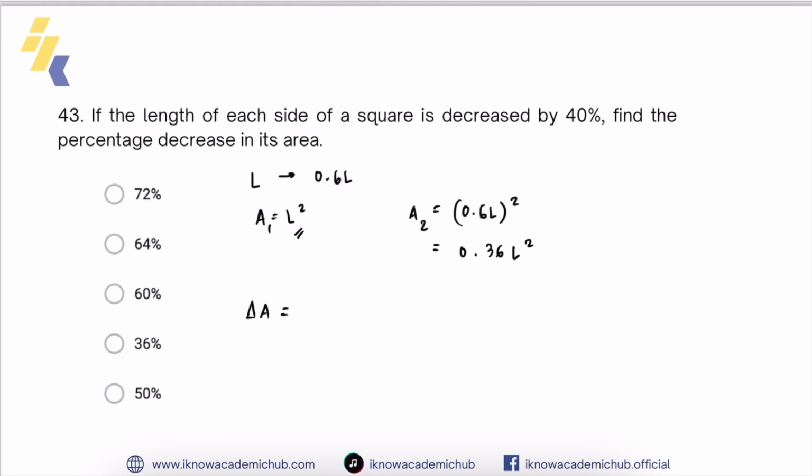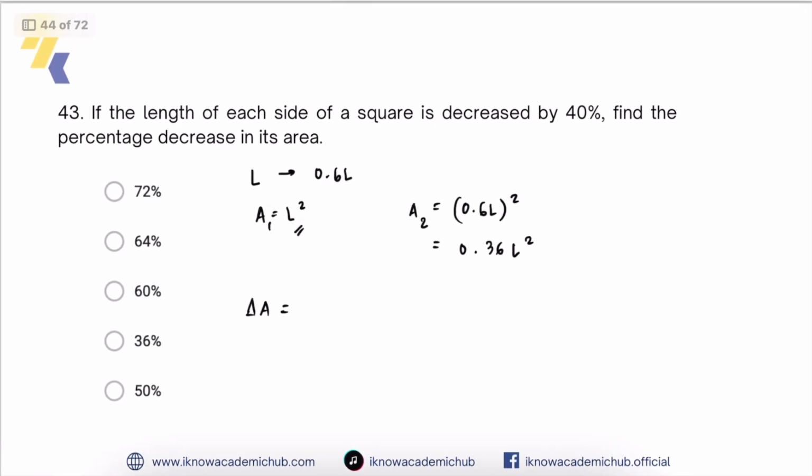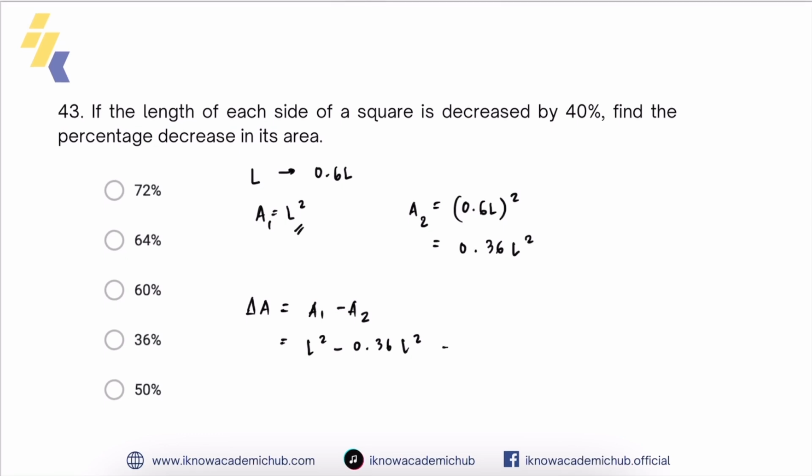So we have A1 minus A2, that is L squared minus 0.36 L squared, and that is 0.64 L squared. Thus, we have 64% decrease.